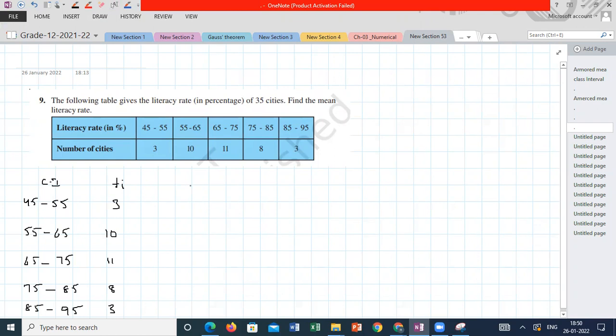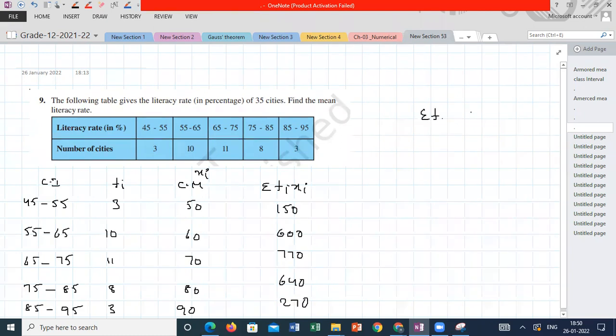So class marks are 100 by 2, 50, 60, 70, 80, 90. So this is your Xi, and Fi Xi is 150, 600, 770, 640, 270.